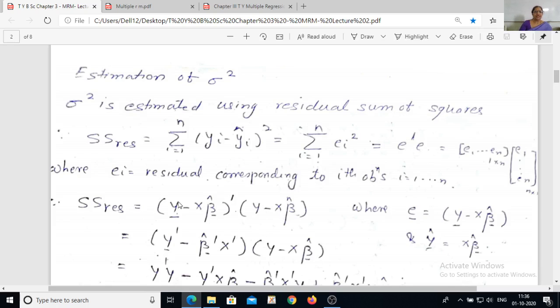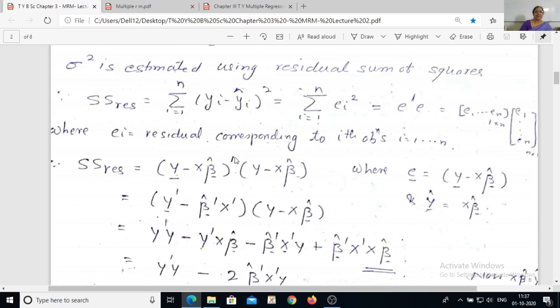So here ei is the residual corresponding to the ith observation, and therefore the sum of the squares of residuals is this. Yi cap is x beta cap as given by the regression equation. So it is (y minus x beta cap) prime (y minus x beta cap). This is the error in estimation.